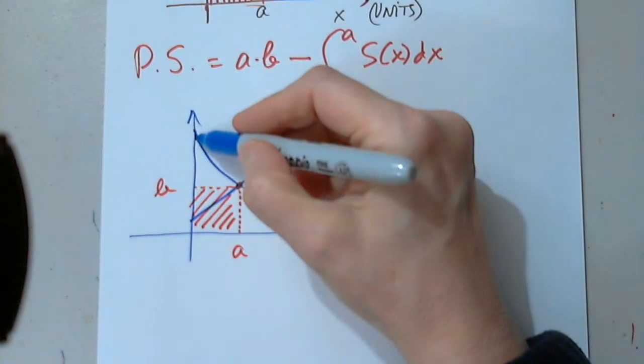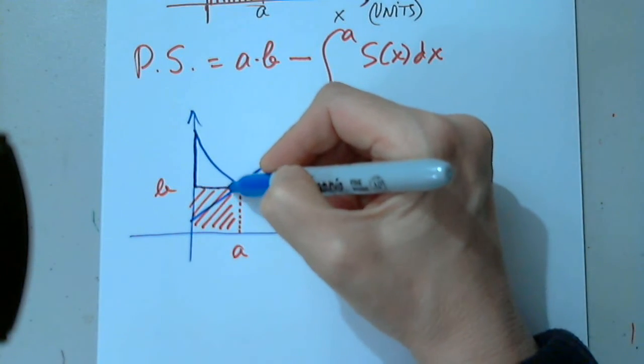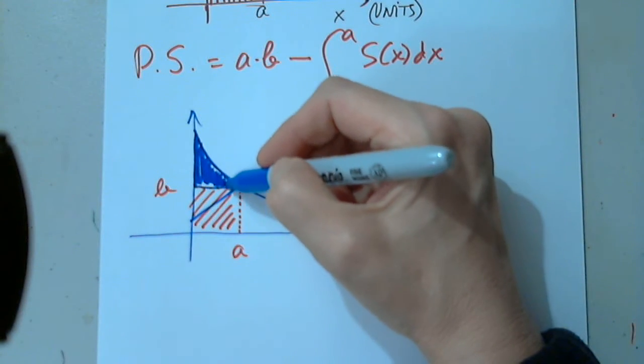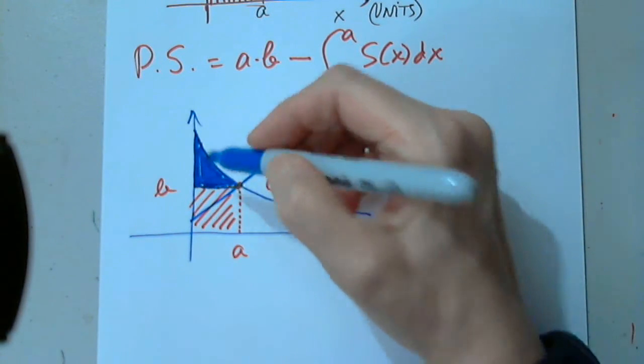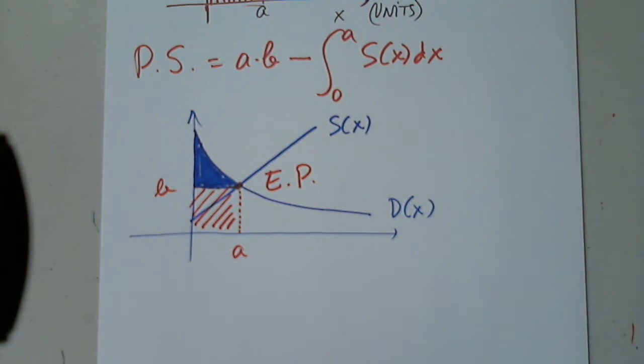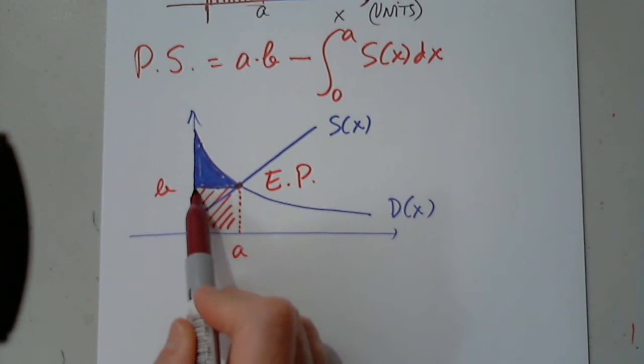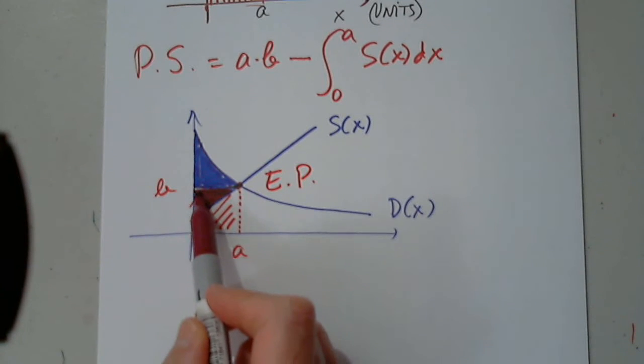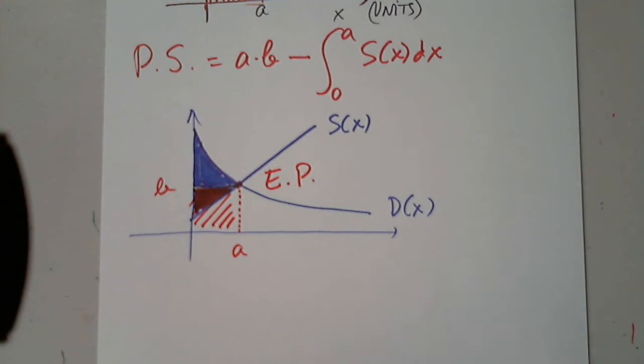Here is the consumer surplus, and here is the producer surplus. It's always there.